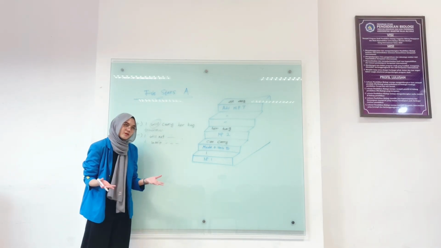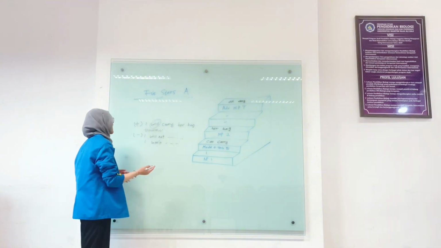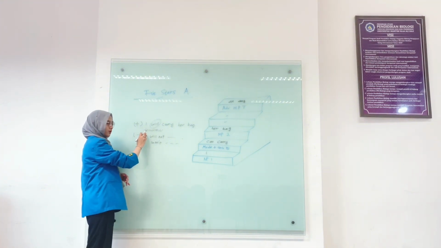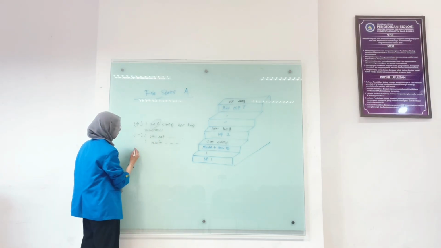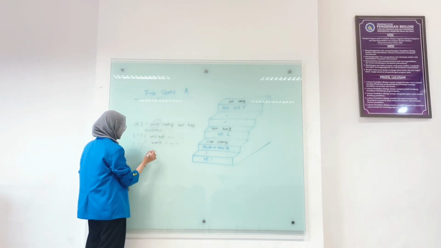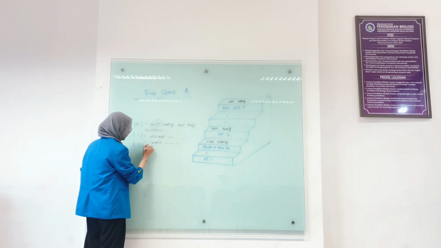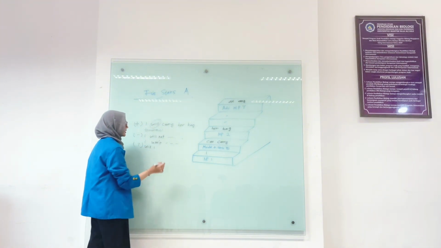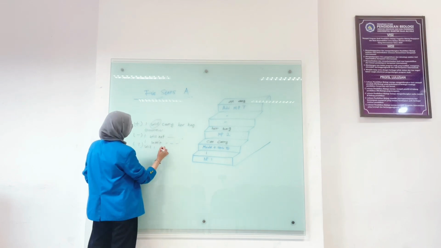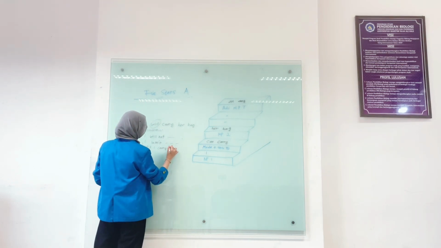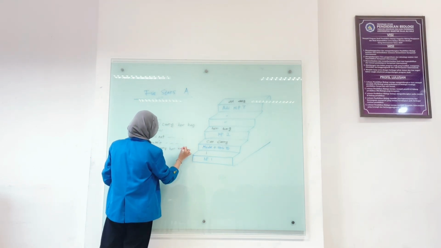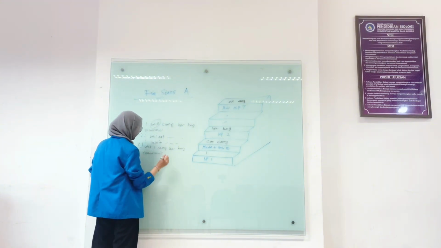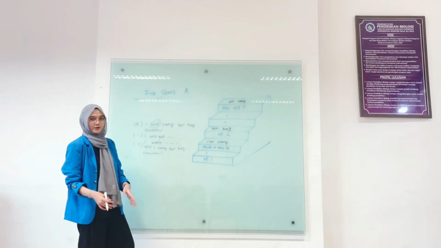When you want to construct an interrogative sentence, you have to replace the subject with the modal verb, like this: will I carry her bag tomorrow? Or will you carry her bag tomorrow?